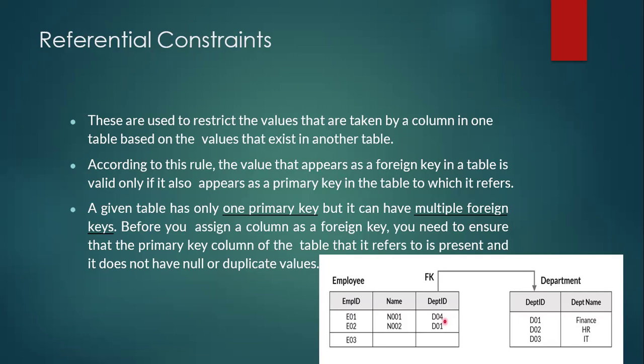Before you assign a column as a foreign key, you need to ensure that the primary key column of the table that it refers to is present and it does not have null or duplicate values. So before defining the foreign key column, it is mandatory to define the primary key column to which it refers. Clear? Yes, sir.